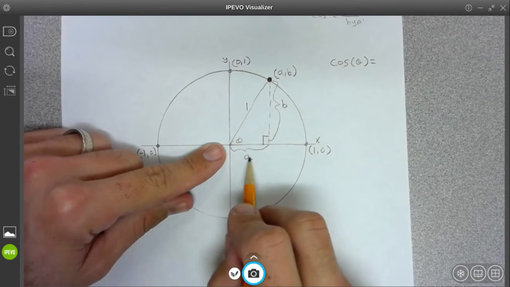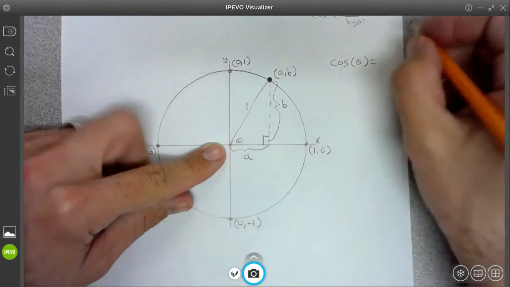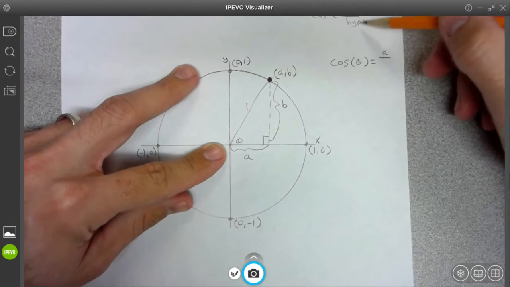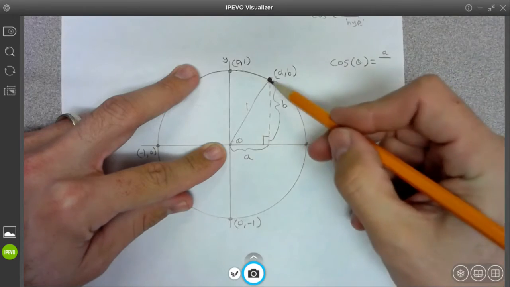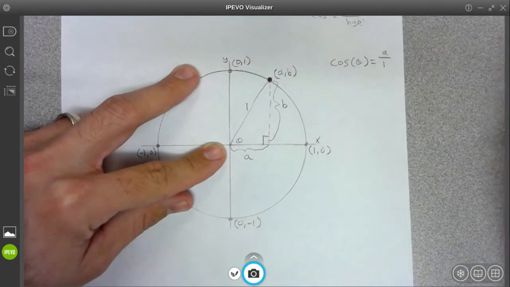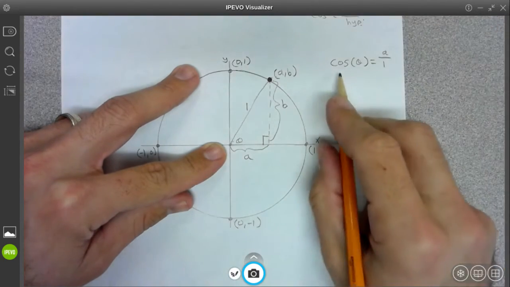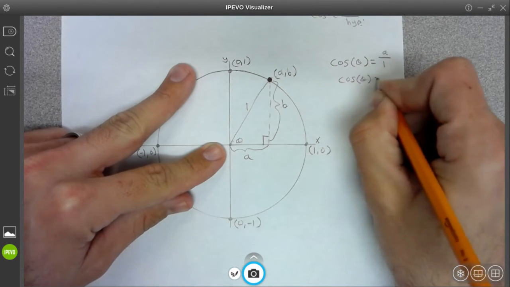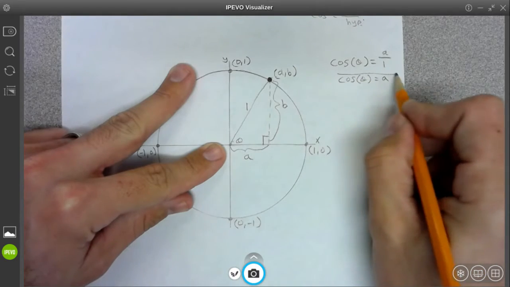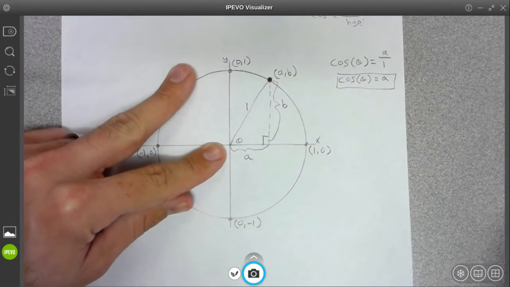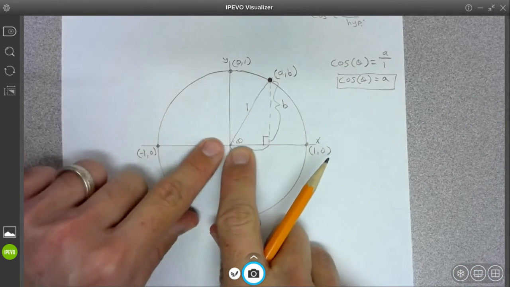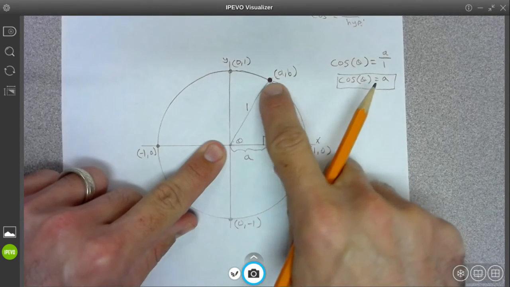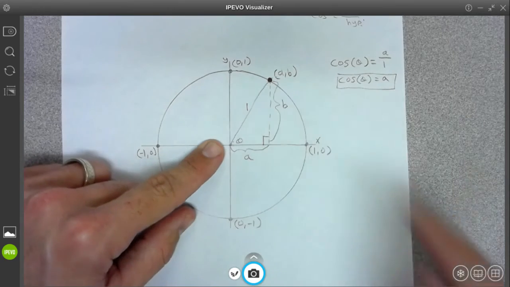So that's A over the hypotenuse, which is 1. What this boils down to is that cosine of theta is equal to A. That's kind of handy. So cosine of theta represents the horizontal distance for our point on the circle.